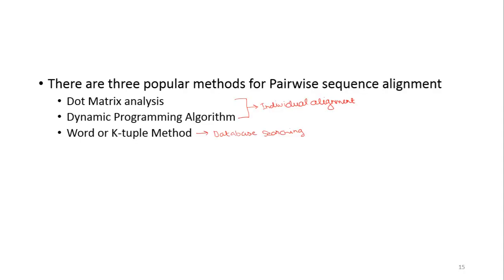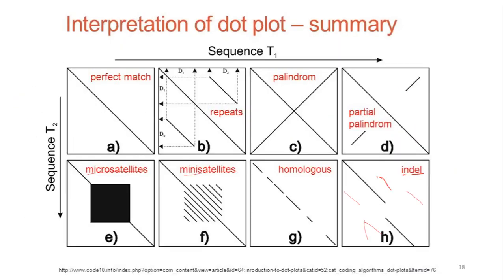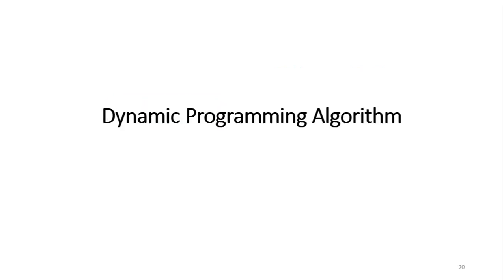Then we started with how many methods there are by which you can perform pairwise sequence alignment. We discussed in detail the dot matrix method, or dot matrix analysis, and what are the advantages and disadvantages of using it.